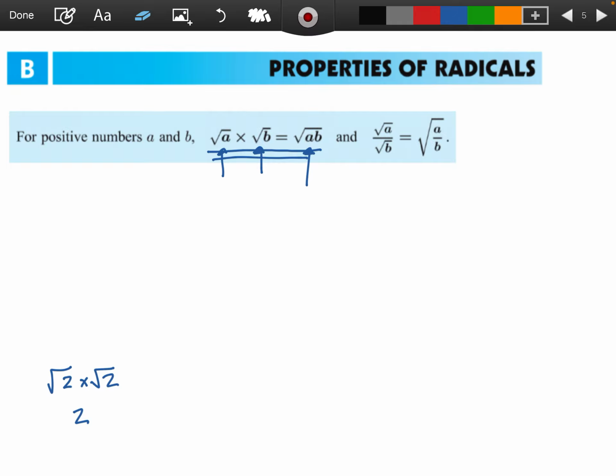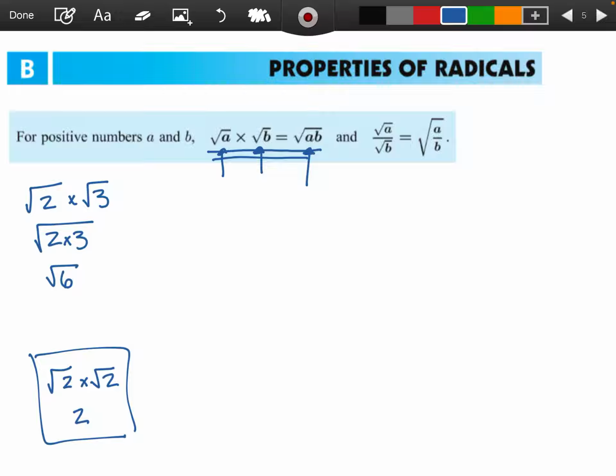So what that would look like is if we had the square root of 2 times the square root of 3, that is the same as the square root of 2 times 3, which is the square root of 6. So that's what we're getting at in this particular video. Previous video, we saw multiplying radicals by themselves. Now we're looking at multiplying different radicals together.